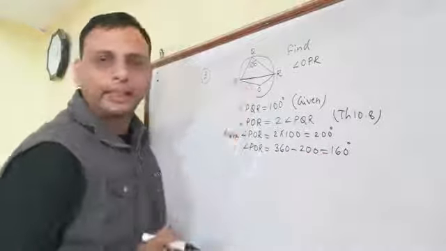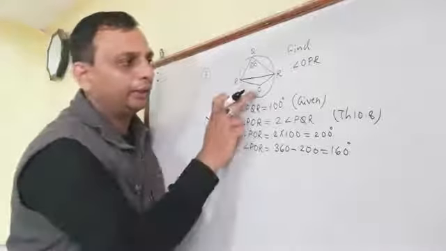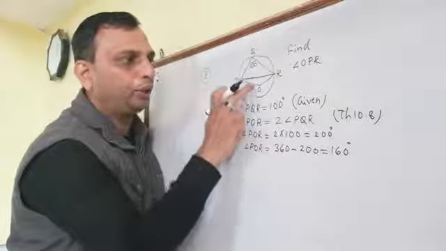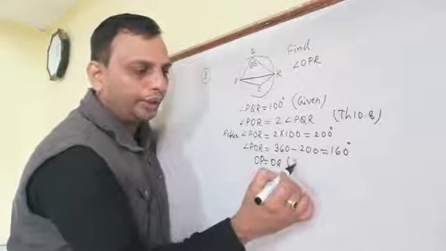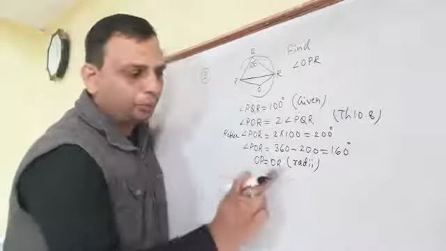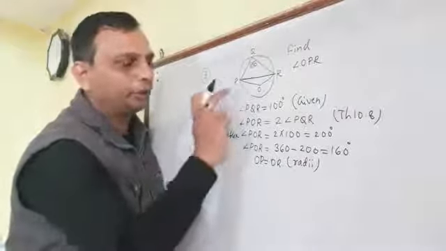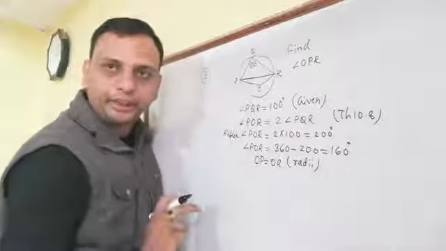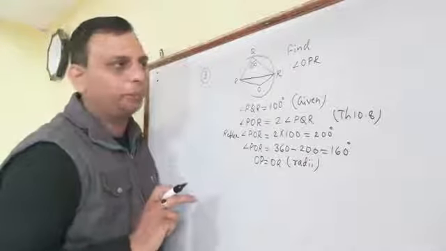Now you can use the triangle POR. Before using this triangle, you can see that OP and OR are radii. OP is equal to OR, the radii of the circle. Because the radius is equal in any part of the circle, if these two sides are equal, we studied one theorem in the 7th chapter: if the sides are equal, their opposite angles will be equal.